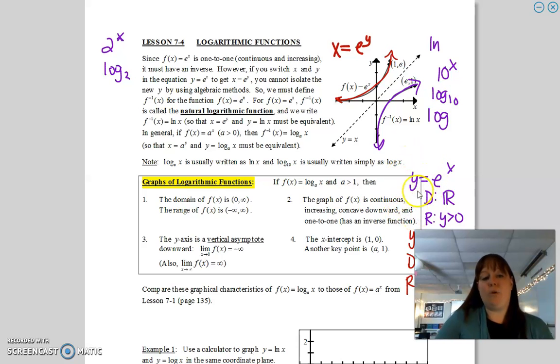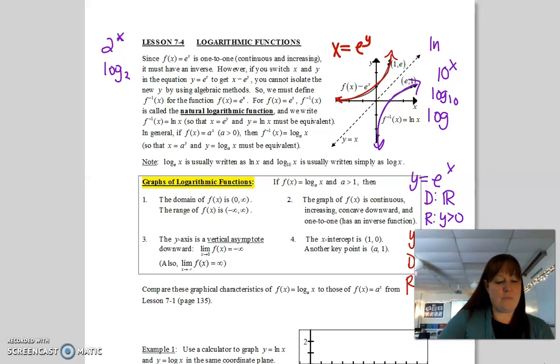And since the output of e to the x is the input of ln of x, it can never input negative numbers. So I hope that was sufficiently confusing. I hope it actually wasn't, but think about the output of e to the x is the input of ln of x, and that's how I remember which one is which when I'm looking at graphs.